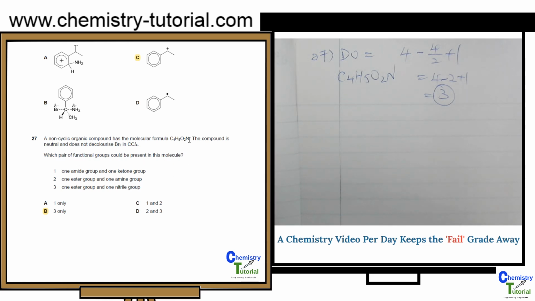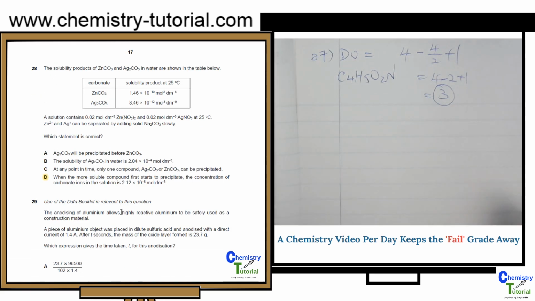Another way you can see is that we have O2, 2 oxygens. Amide has 1 oxygen, ketone has 1 oxygen, ester has 2 oxygens. So for this case, you have to make use of the knowledge of degree of unsaturation. Other than that, I think any other methods are going to be more difficult. So the answer for this 27 is option B.